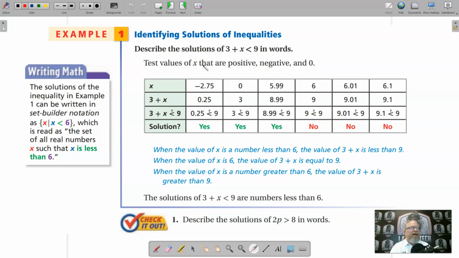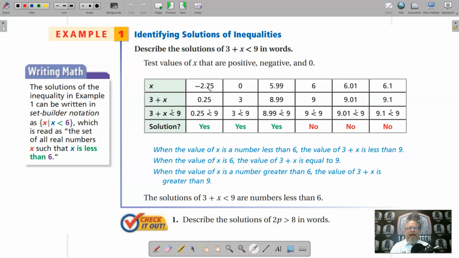So test values of x that are positive, negative, and 0. And so our first row across here are 1, 2, 3, 4, 5, 6 different values of x that we're going to plug in and check and see if they truly are a solution. Do they create a true statement? And we'll see that here in the third row where we end up with a statement. So let's go ahead and start doing that.